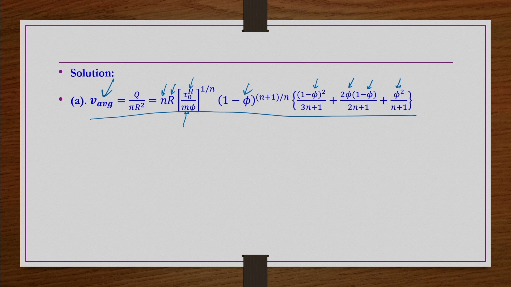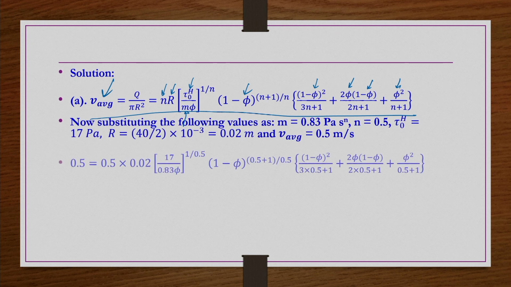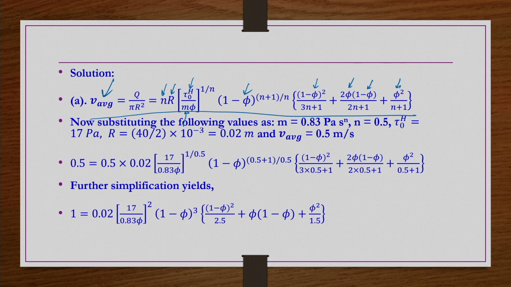So, what we do, first we simplify this equation to get phi, and then from that phi value we try to find out tau w, and then from that tau w value we try to find out minus delta p. Okay. So, when we substitute all these values and simplify, and follow the trial and error approach, you get phi equal to 0.58.